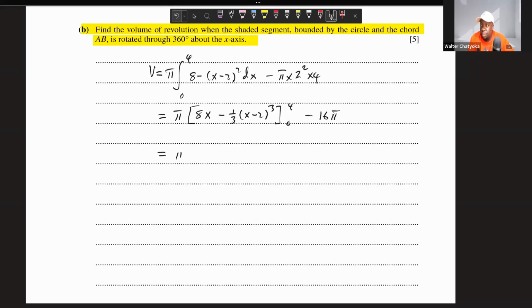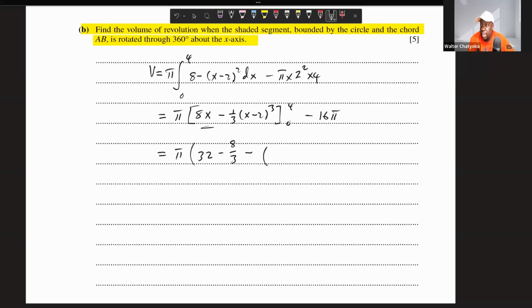So that's π of, substituting 4, that's 32, minus a third of (4 − 2), that's 2. 2 cubed is 8, so that makes it 8 over 3.